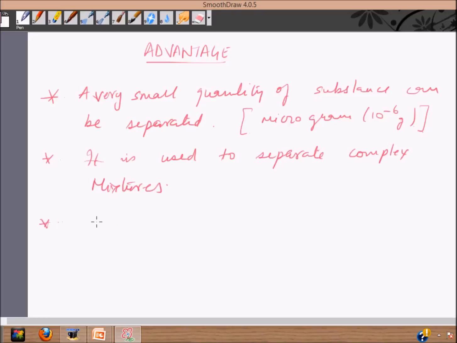What is the third advantage over the other? It identifies the different constituents of a mixture.